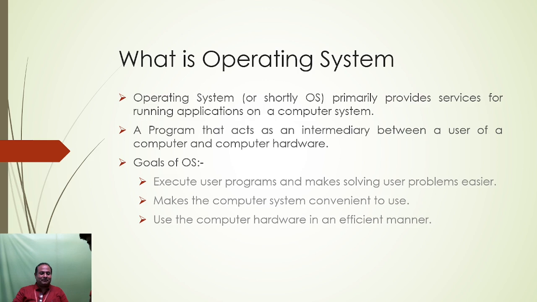The second goal of the OS is that it makes the computer system convenient to use. Without the operating system, the system is nothing. If a system doesn't have any OS, we can put the system on scrap. If you want to use that system, you should definitely install the operating system, which makes the system convenient to use.